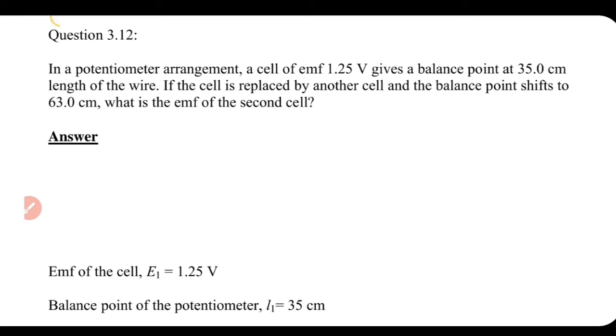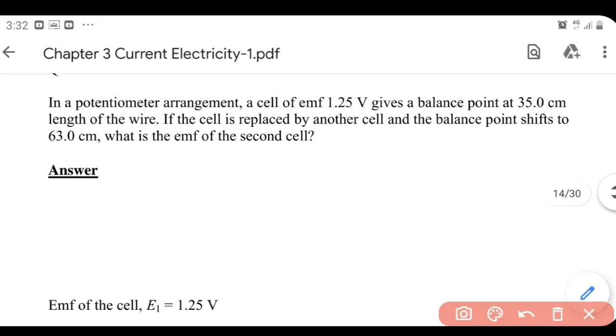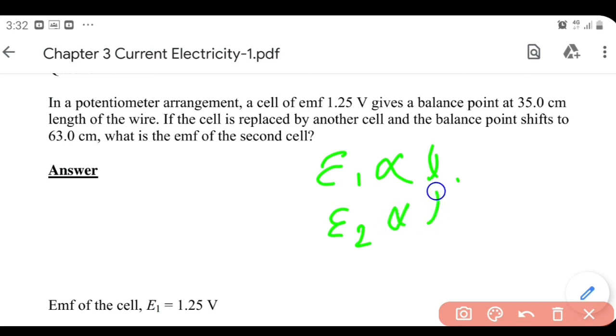So the first condition: when we use a cell of EMF 1.25 volt, we have balancing length as 35. That means epsilon 1 is proportional to L1, and if that cell is replaced by another cell, that is epsilon 2, the balancing point you got as L2.